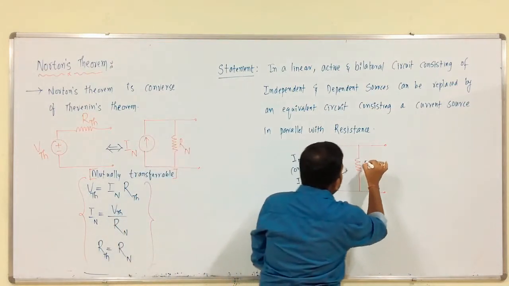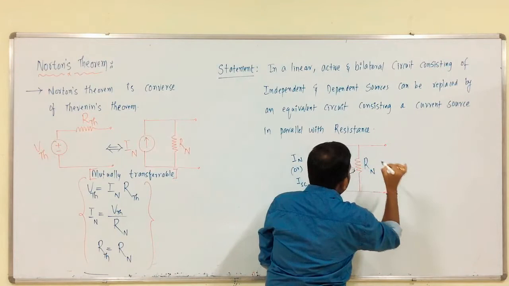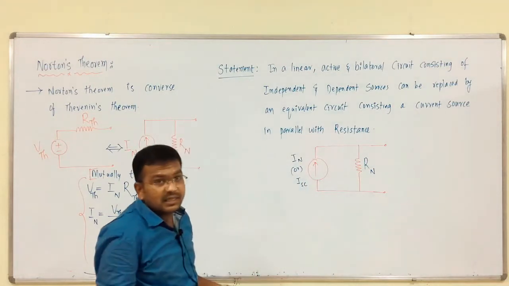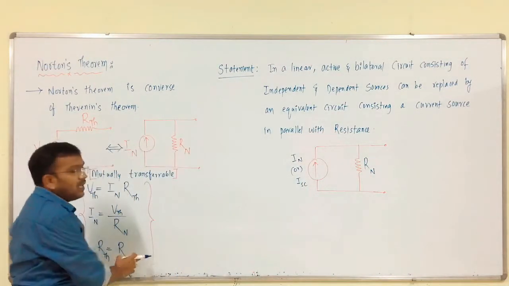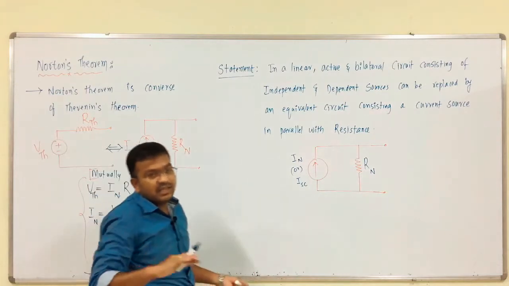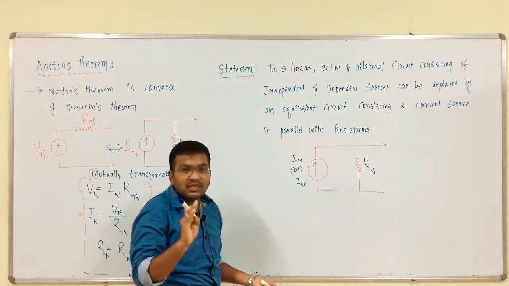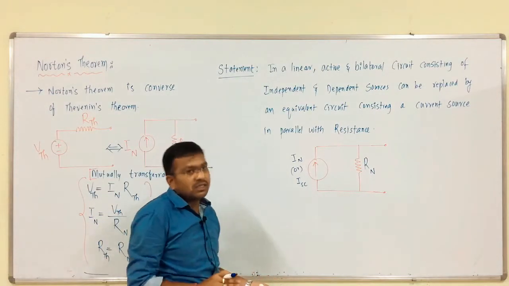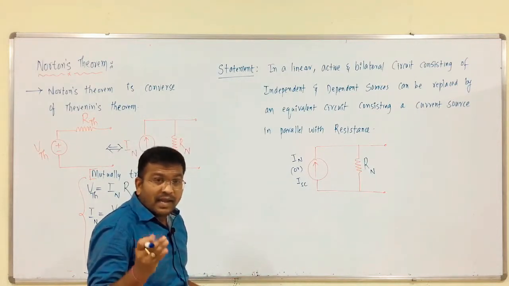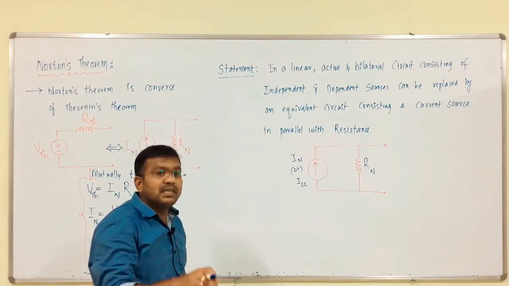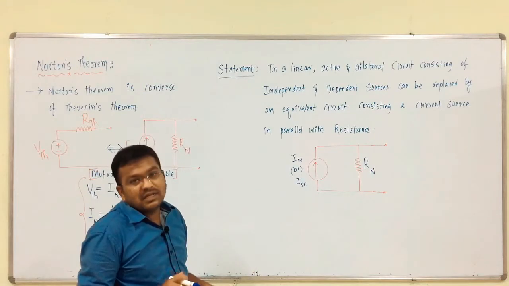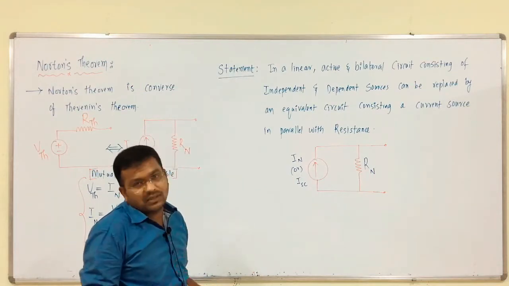Then this is R N or R SC, or it is called R TH. There is no change in the value of Thevenin's resistance and Norton's resistance. Means the calculation of equivalent resistance is same in the case of Thevenin's theorem as well as in case of Norton's theorem.